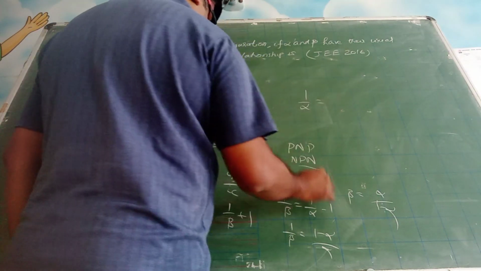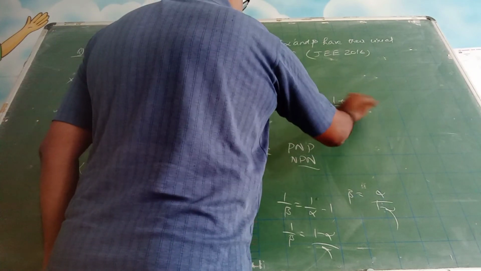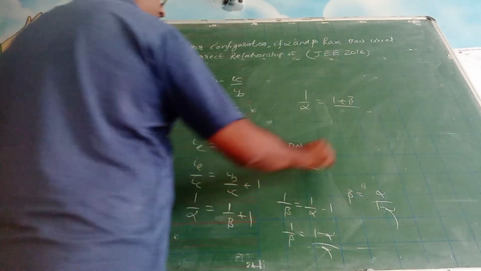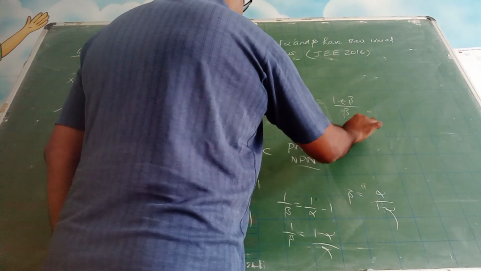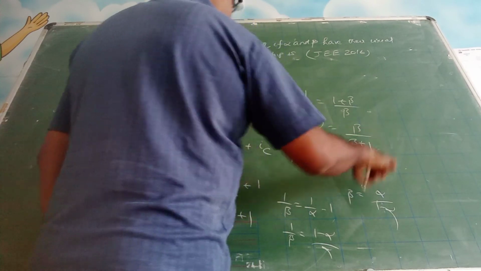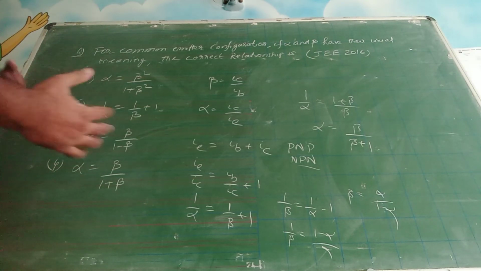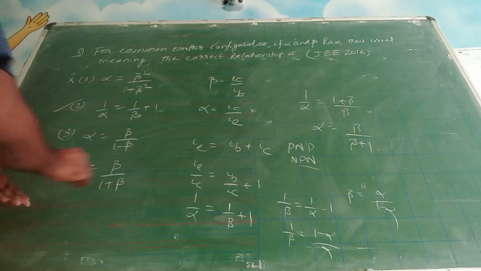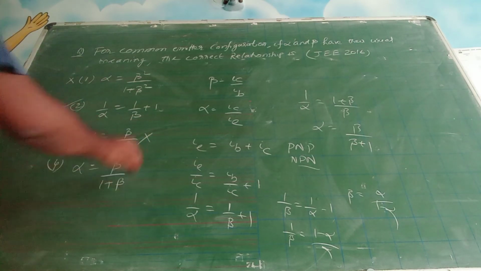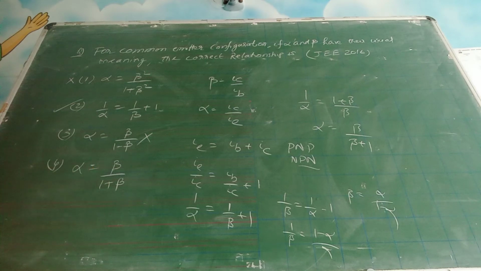1 by alpha is equal to 1 plus beta by beta. So alpha is beta by beta plus 1. Even this option is looking correct. This is definitely wrong, but alpha is equal to beta by beta plus 1, even this is also possible.